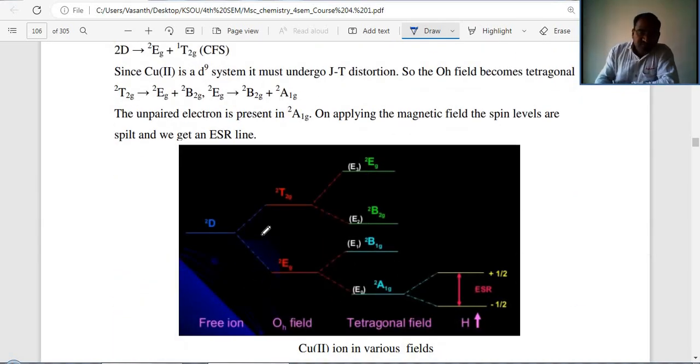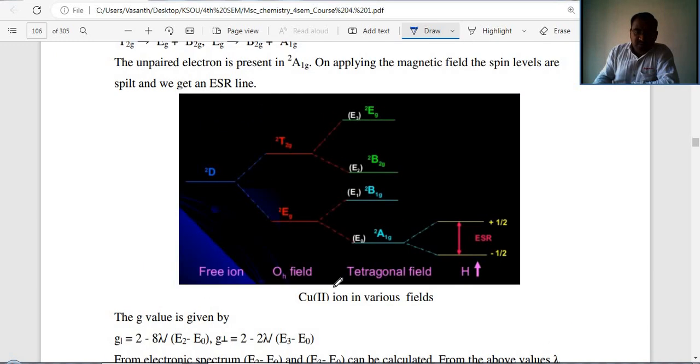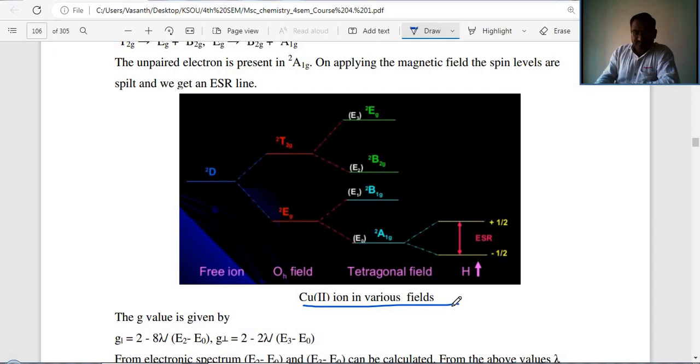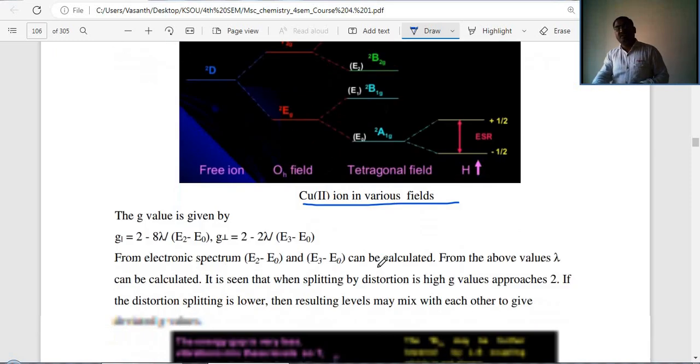Just to see here, this is the ESR spectra of copper 2 ions in various fields: this is cubic, this is octahedral field, this is tetragonal field.